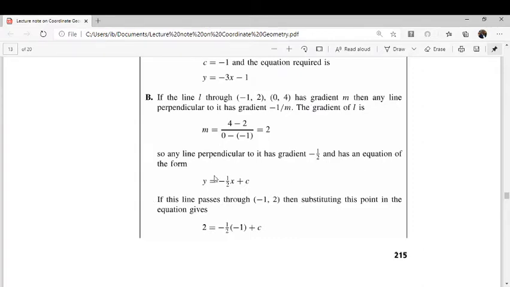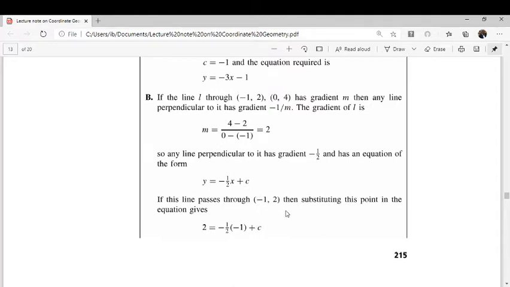So the equation will now be y = -1/2 x + c. Now, we want to say that this line is passing through this coordinate. If it's passing through this coordinate, then substitute x to be -1 and y to be 2 here. So you now get your c.